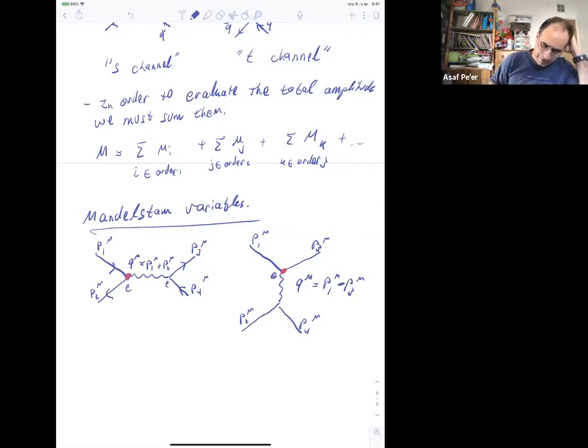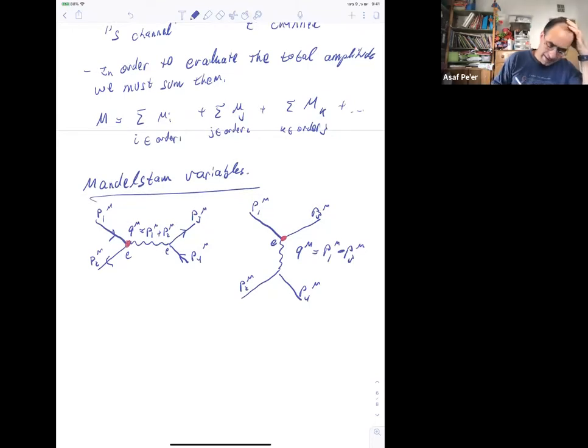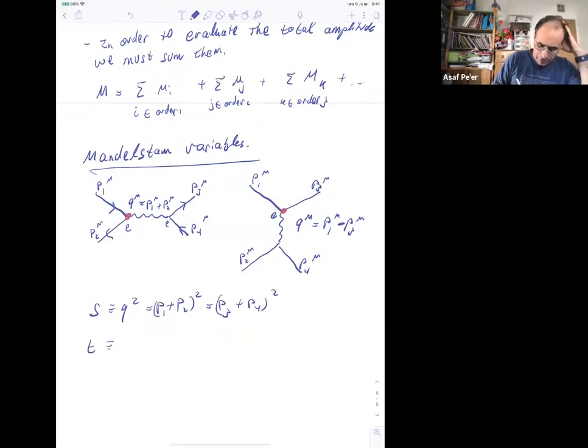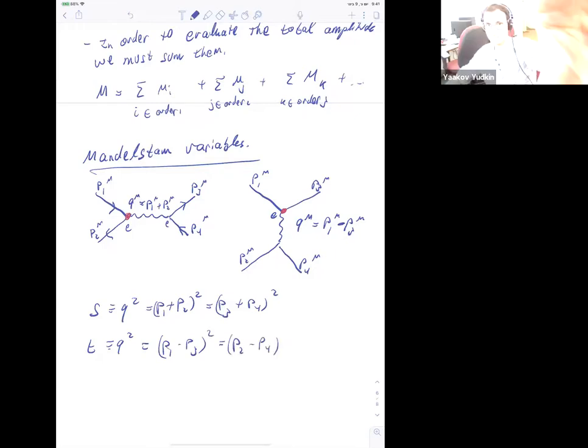So that's the origin of the definition of the Mandelstam variables. The s is just Q squared, so this is just (P1 plus P2) squared, I'm omitting the mu, and of course, this is also (P3 plus P4) squared. And t, again, is also the Q squared of the T-channel diagram, so it's (P1 minus P3) squared, which is also (P2 minus P4) squared.